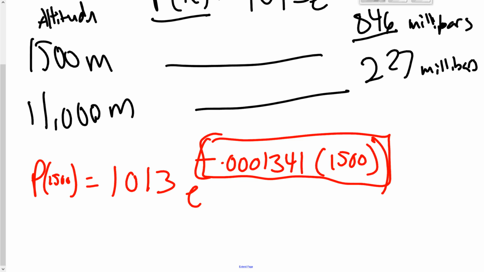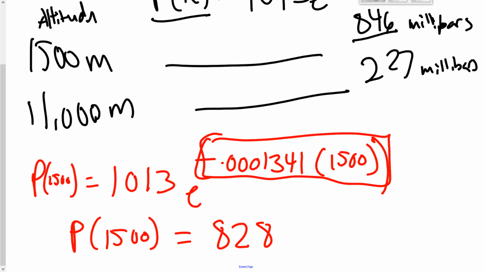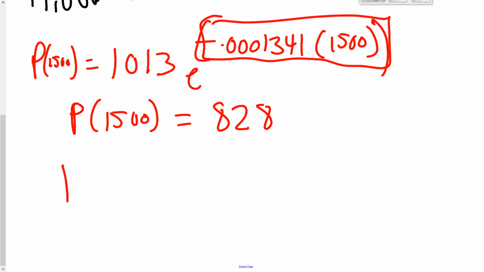And this number is, so P of 1500 is equal to 828. Okay, and then I'm going to do the same thing, except now I'm going to do P of 11,000.